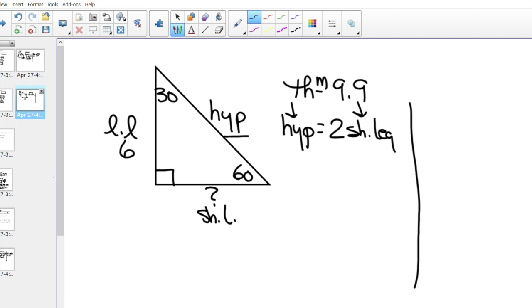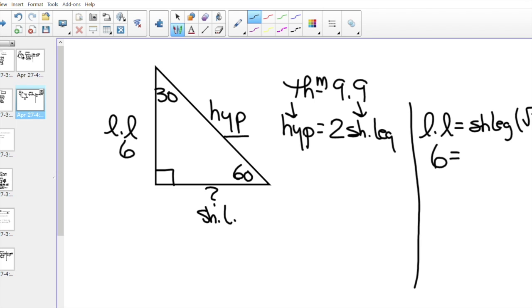So we're going to have to begin this problem using the second one, which says the longer leg is equal to the shorter leg, abbreviated, times the square root of 3. Now, the longer leg is 6. So we have 6 is the longer leg, that's given.